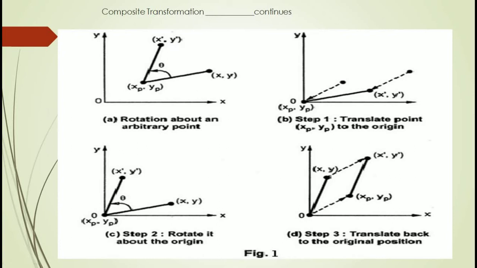After we rotate the point through angle theta, we get the x dash and y dash coordinates. So this is our first image, a rotation about an arbitrary point.